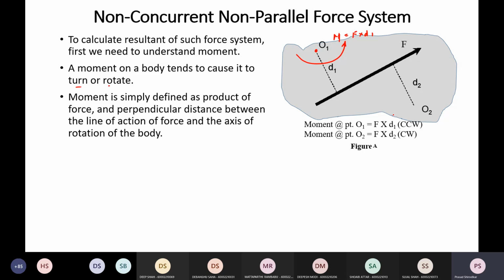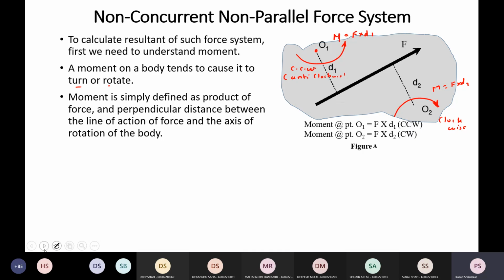Now if you similarly calculate the moment of this force about point 02, that is you fix point 02 on the body and calculate the moment, then this moment will be given as F into d2, and now the moment will be in the clockwise direction. So depending upon at what point you fix the body, the moment can be anti-clockwise or clockwise. Any questions?